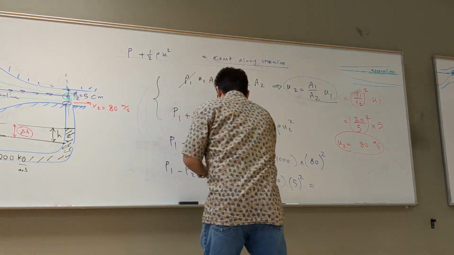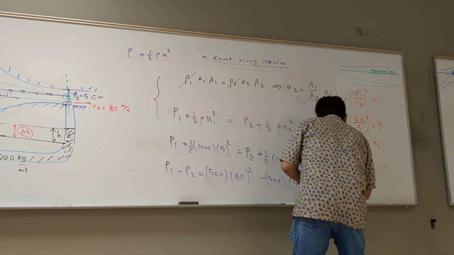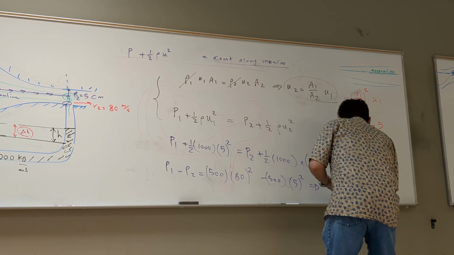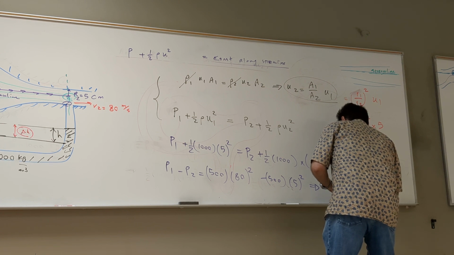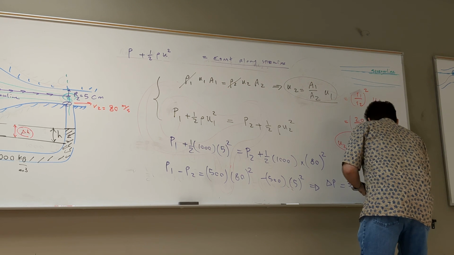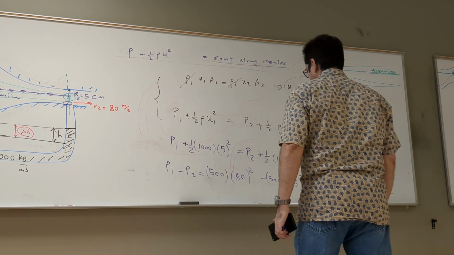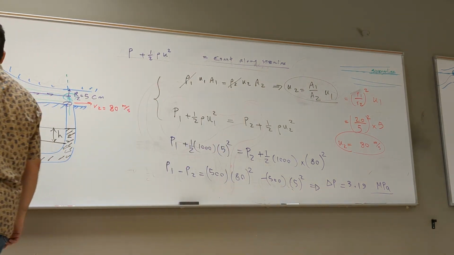So you have delta P is equal to 3.19 megapascal. That's a lot of pressure here.